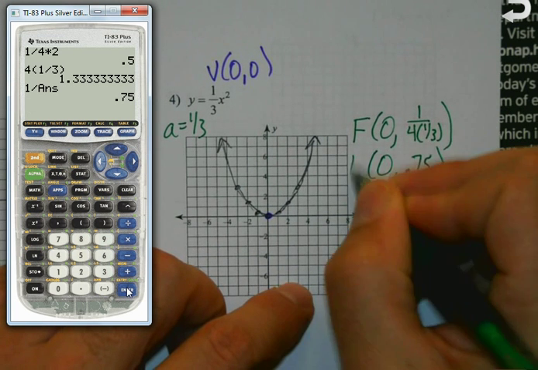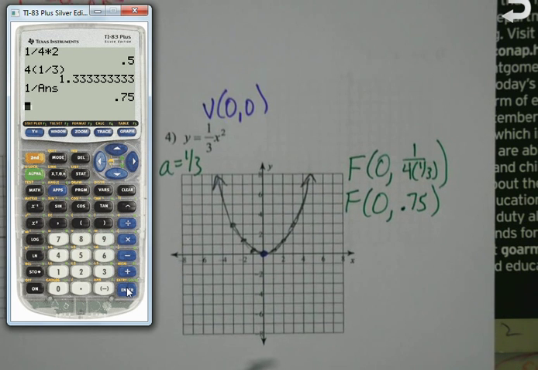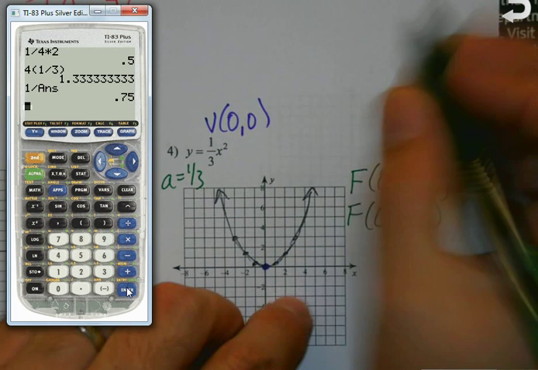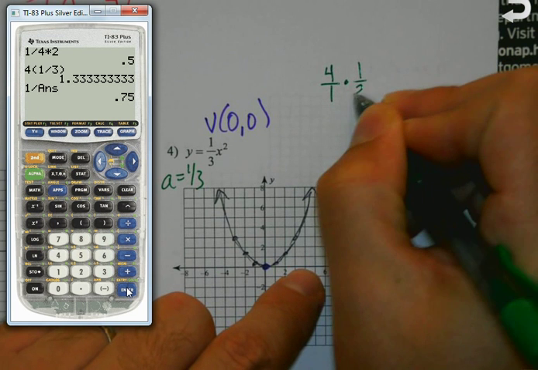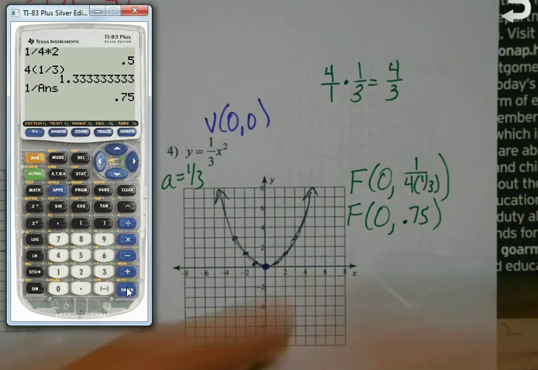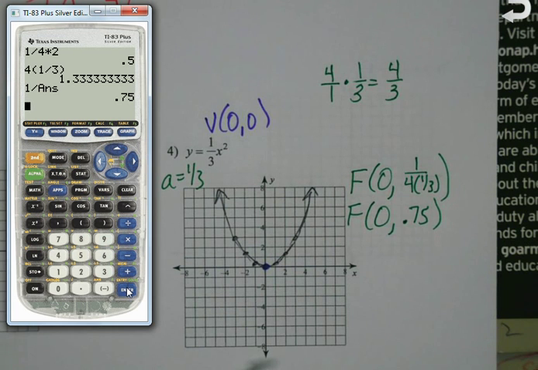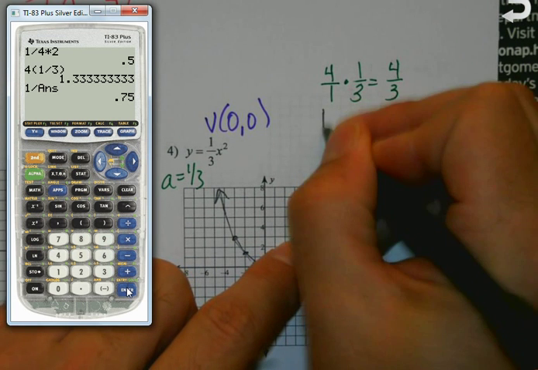But let's say again, like when we were talking about with graphing the parabola, what if I don't have a calculator available, which is hard these days, I know, but just in case, what would I do? Well, I'd do my 4 times 1/3, where you just multiply across. You're like, okay. But then, that would only take care of this. I'd still have to do 1 divided by that.